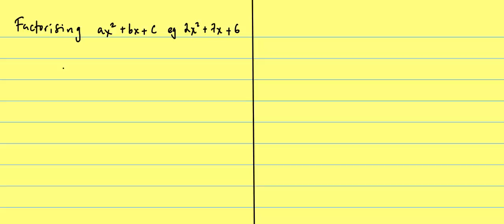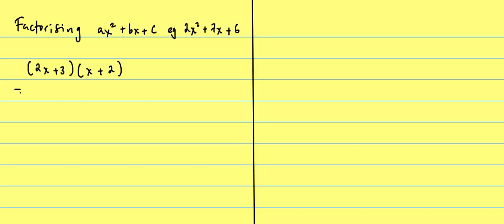Before we factorize this expression, I want to take you back to your previous work where you have been asked to expand expressions such as 2x plus 3 multiplied by x plus 2. In this work, you have said that each term in the first bracket has to multiply each term in the second bracket.